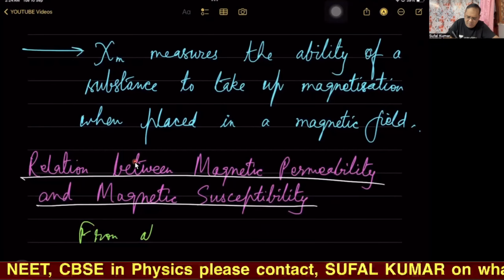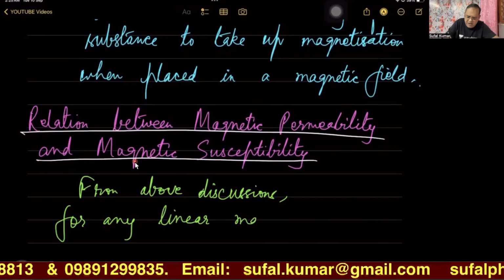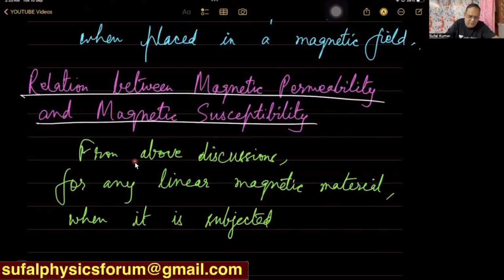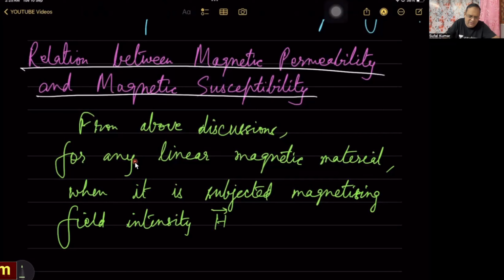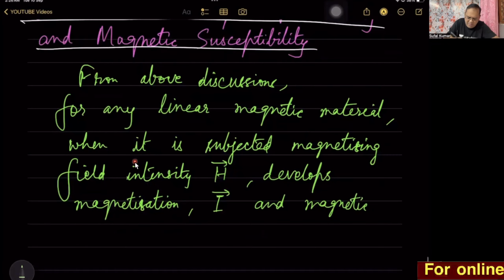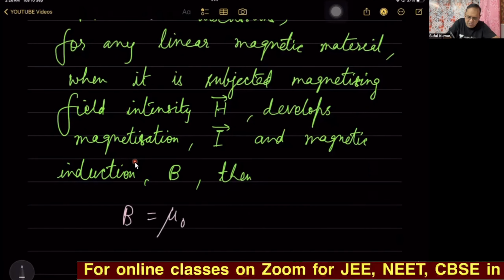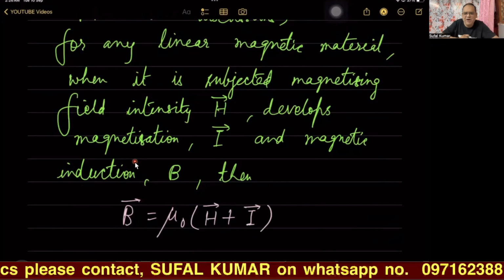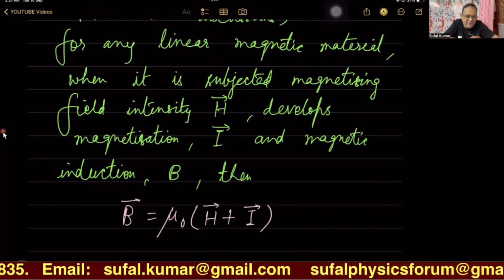From the above discussions, for any linear magnetic material subjected to magnetizing field intensity H vector, it develops magnetization I and magnetic induction B. Then B is equal to mu naught H plus I, because in books you may find M, but I prefer writing I for intensity of magnetization.